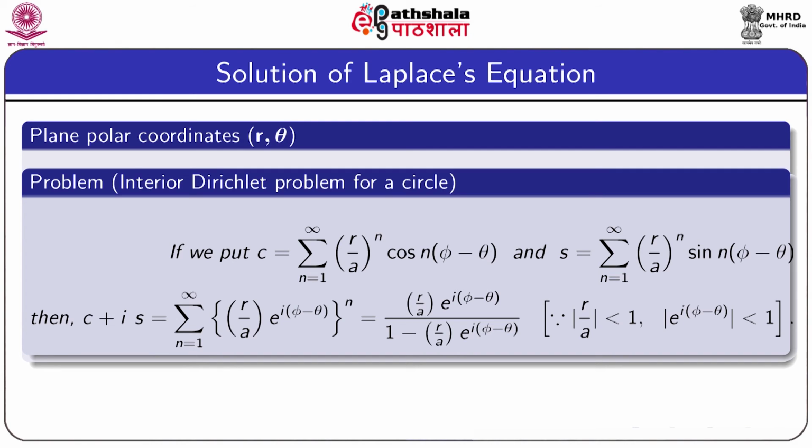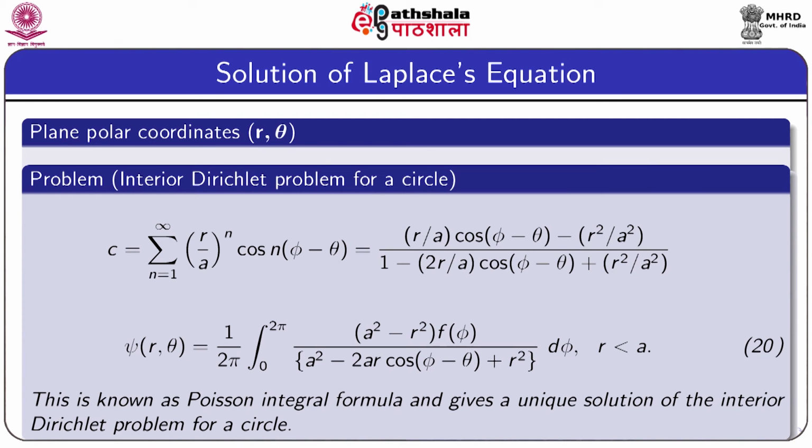So, the sum of the GP series can be written in this form, r divided by 1 minus r. So, this is written here. Now, if we equate the real part and imaginary part from both sides, we can get the expressions for C and S. Since we are interested in finding the value of C, we equate the real part from the right hand side and we get the value of C, which is written here.